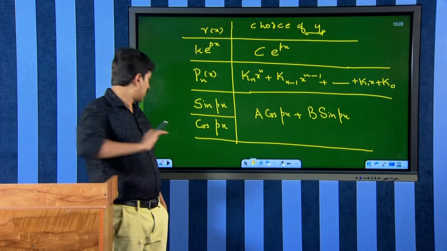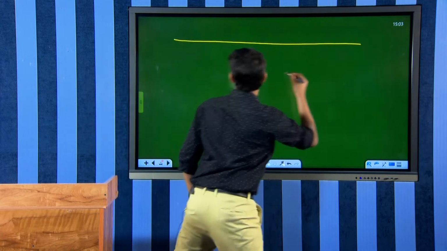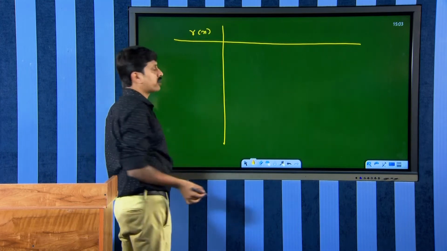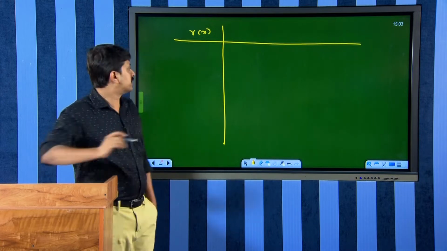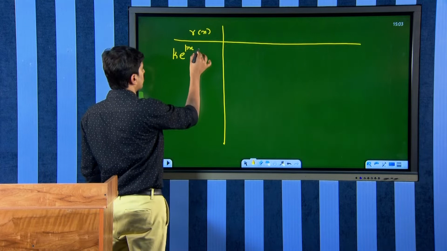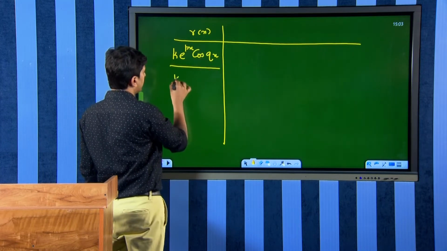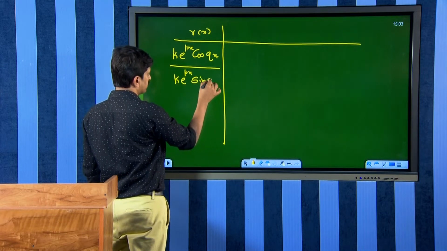Suppose r of x is a product of an exponential function and trigonometric functions, that is k e raised to px cos qx, or k e raised to px sin qx.